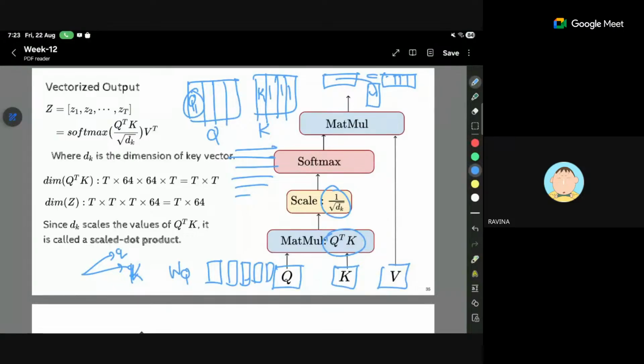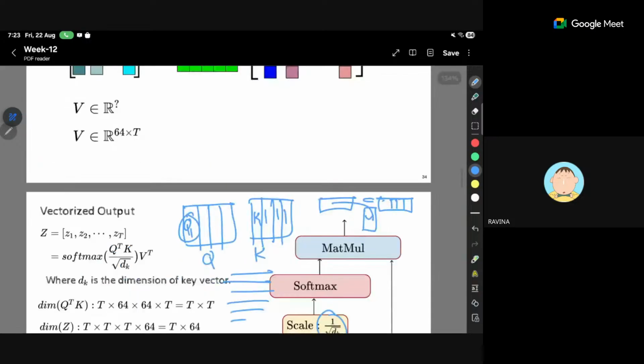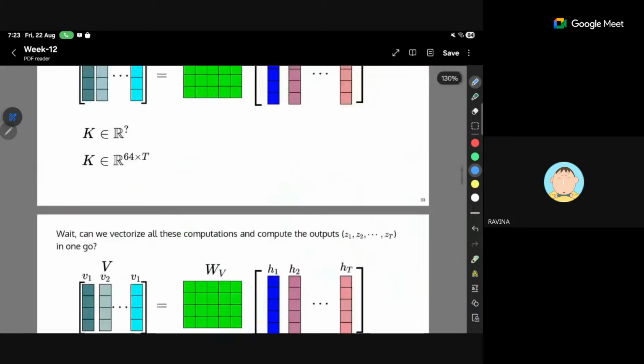So that could be one reason. Another could be related to variance. If you divide this, then it will reduce the variance of the whole matrix, and that can also lead to a good result, right? So these are a few ideas they came up with. So they use the dimension of k. K is the one which we produced earlier, right?